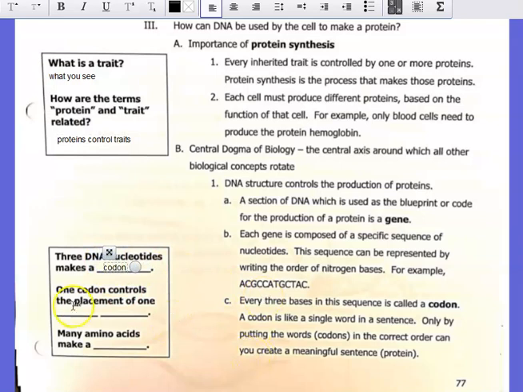And one codon controls the placement of an amino acid. Remember, amino acids are what proteins are made of. So you put all of those amino acids together, and that will make you your protein.